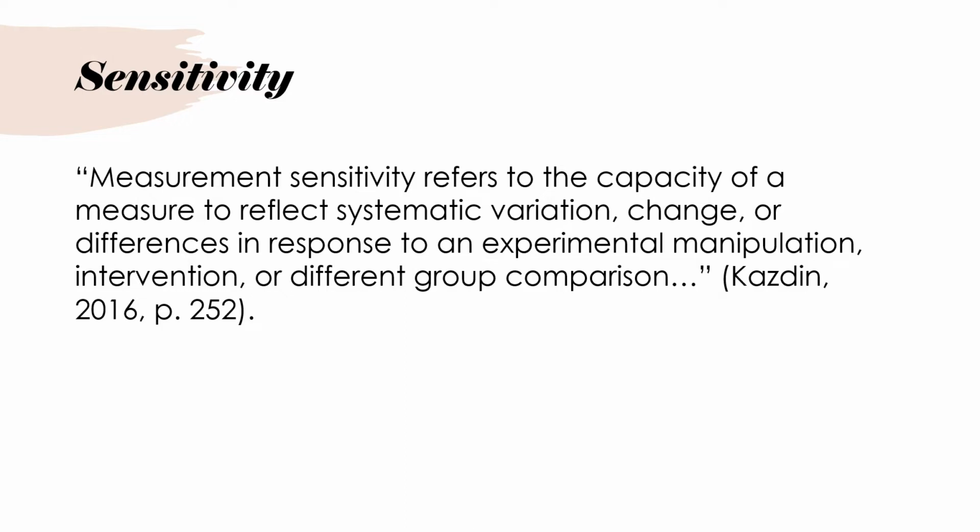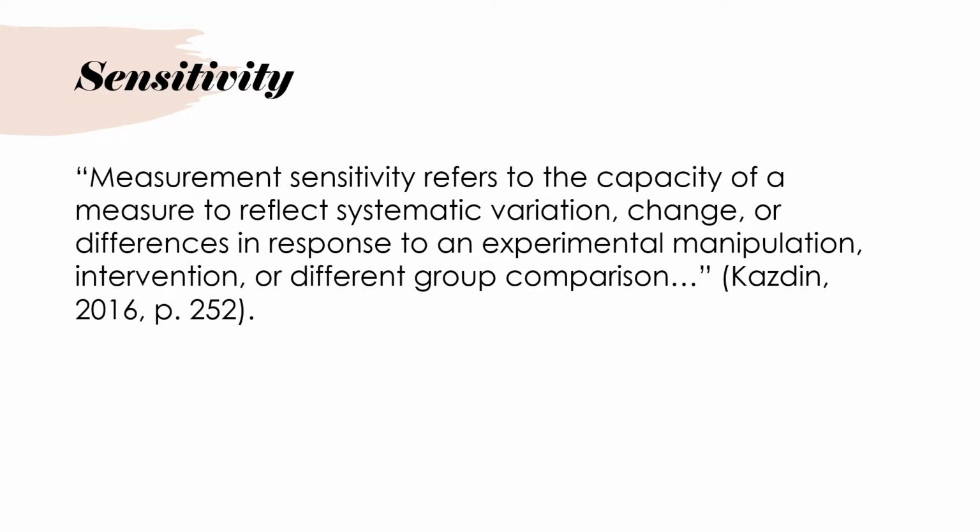So, sensitivity. Each measure that we have has a level of sensitivity to it. Kazdin, in 2016, defined it this way: measurement sensitivity refers to the capacity of a measure to reflect systematic variation, change, or differences in response to an experimental manipulation, intervention, or different group comparison.